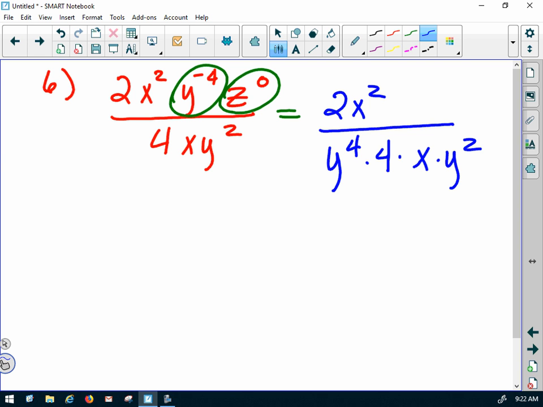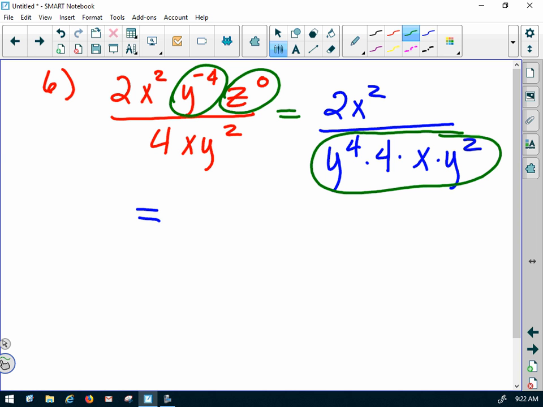Now, here's what I want you to do. We have some things that we can clean up right here. Think combining like terms, as in adding and subtracting. But I can do y to the fourth power times y to the second power, which is y to the sixth power, right?